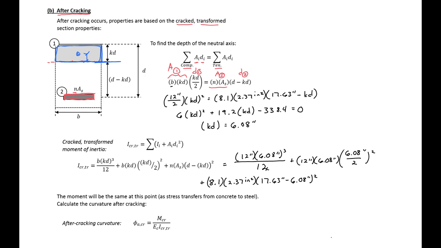And we'll get our cracked transformed moment of inertia then to be 3,460 inches to the fourth.